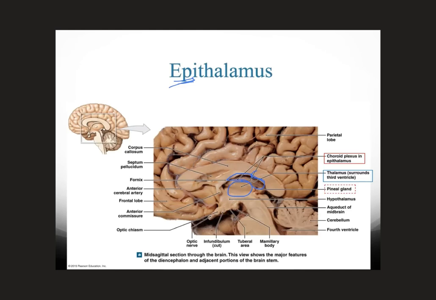And if you look closely, you can see that the epithalamus is where your third ventricle is going to be located. The other important structure that we can find on the epithalamus is your pineal gland.